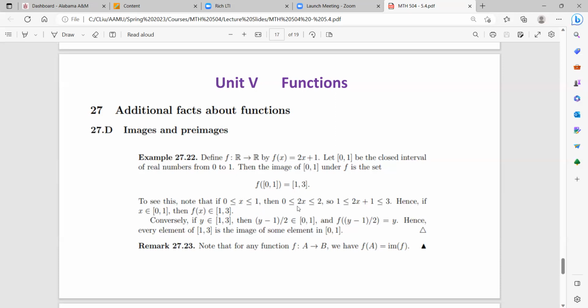If you multiply each part of this inequality by 2, you get 0 less than or equal to 2x, less than or equal to 2. And if you add 1 to each part of this compound inequality, you get 1 less than or equal to 2x + 1 less than or equal to 3. So that means the function values are in the interval from 1 to 3.